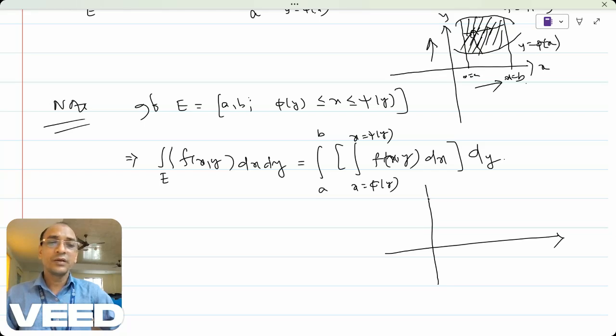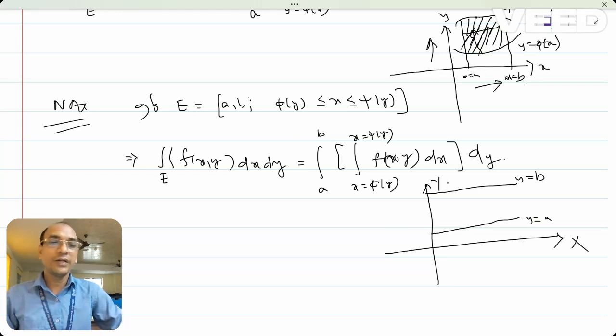So here, suppose this is my y and this is my x. So y equal to a is here, and y equal to b is here, and x equal to phi of y will be the lower limit.